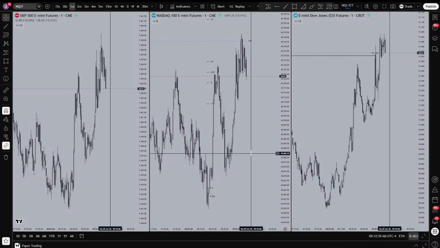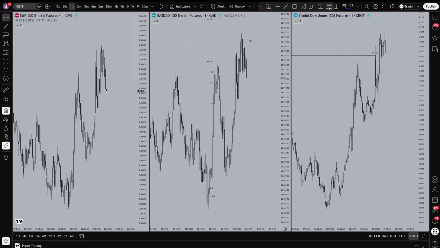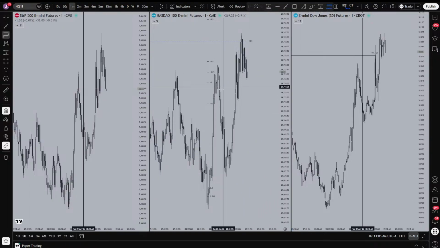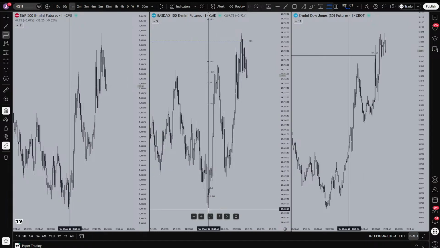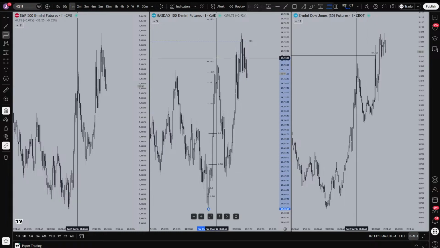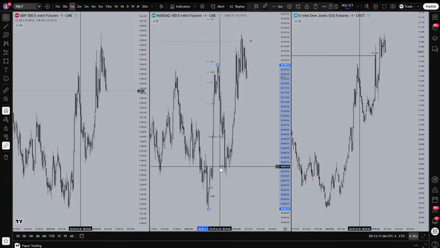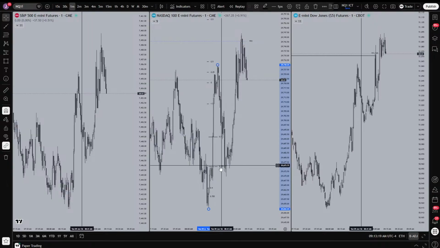Now on the opposite side, this is how we formulate ranges. Once we deliver and have this nice strong reaction right here, measure out this range, from the lowest point of the wick to the top of the wick. We can see that equilibrium lines up right here, 0.705 lines up right here, and we know that this is the OTE range.